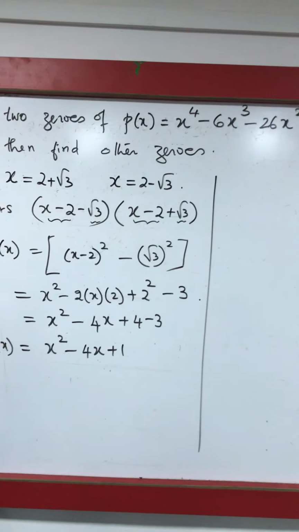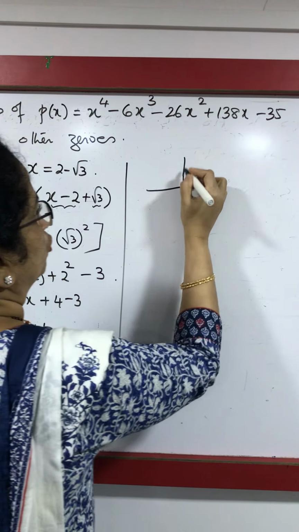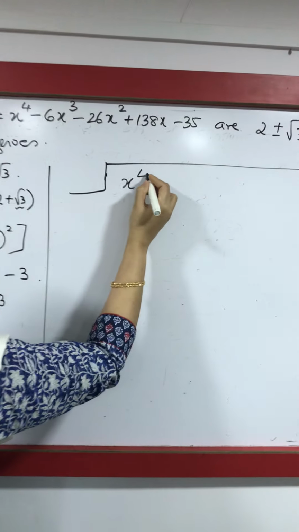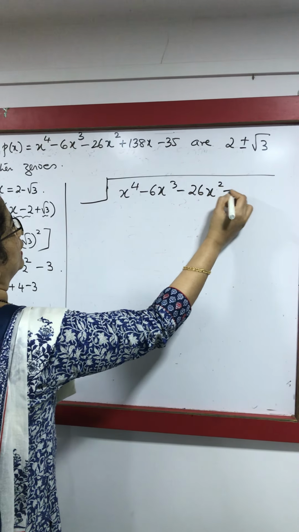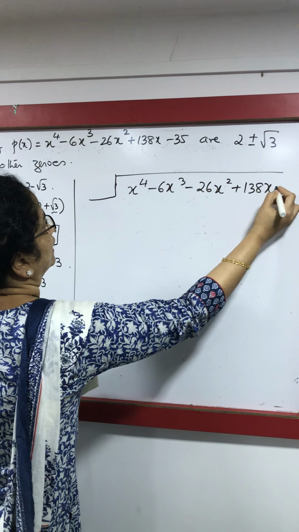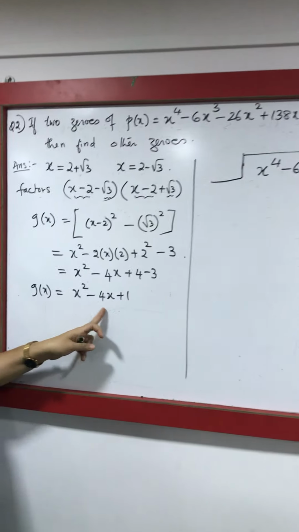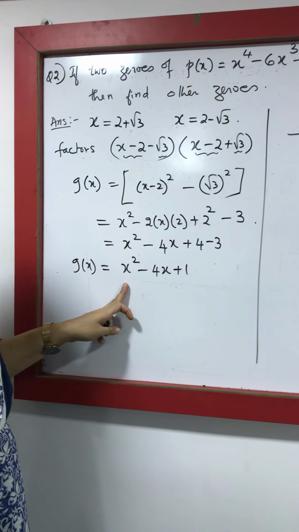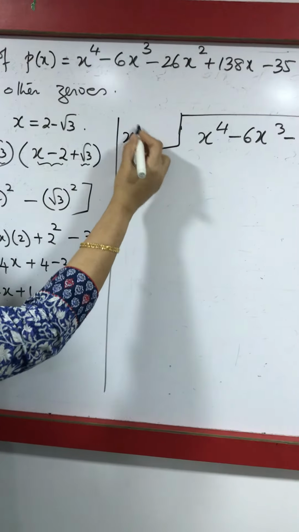The polynomial to be divided is x raised to 4 minus 6x cube minus 26x square plus 138x minus 35. This is divided by this polynomial x square minus 4x plus 1.